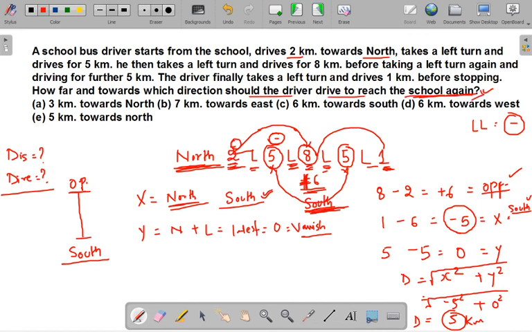So right now he is in south with respect to the original position or the school. So to reach back the school, he should drive in the north position. I hope you understand the question. To go back to the school again, he has to drive towards north, because right now he is in south as compared to the direction of the school. Answer is option E.